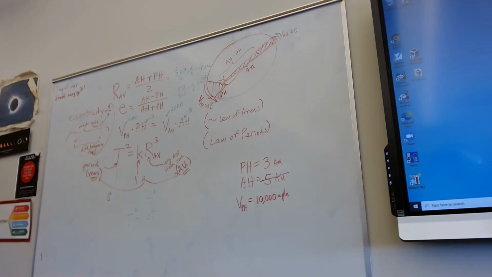Do you know how to use your calculator to square things, cube things, take a cube root? You can practice right now. You can take 8 and square it, and you better get 64. And then take the cube root of 64.